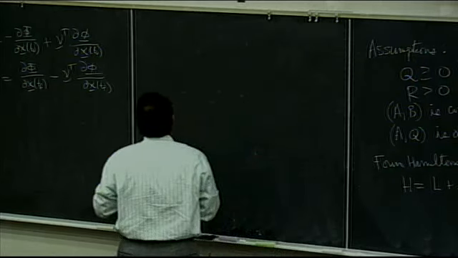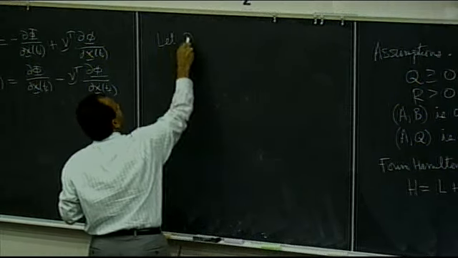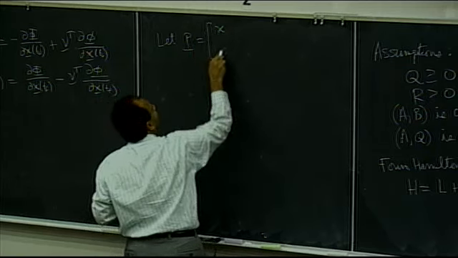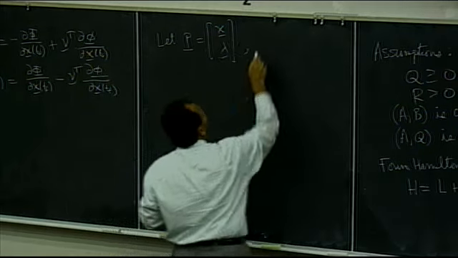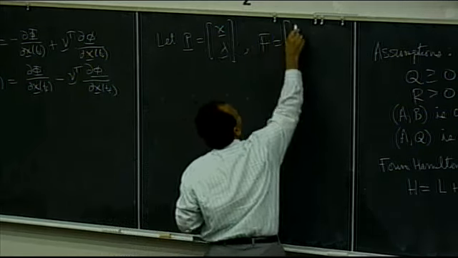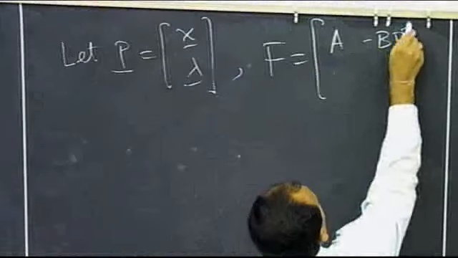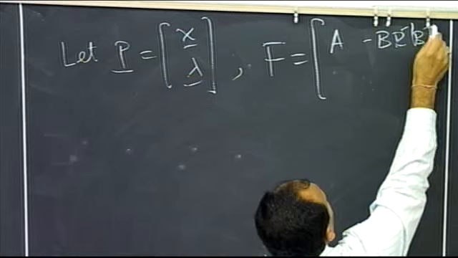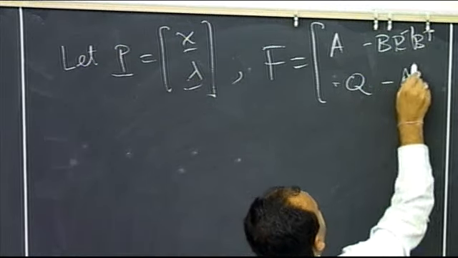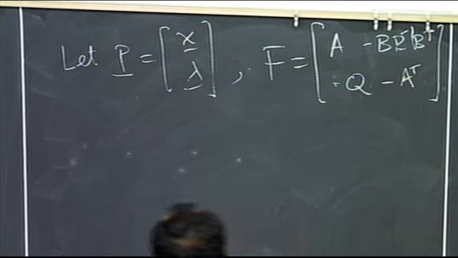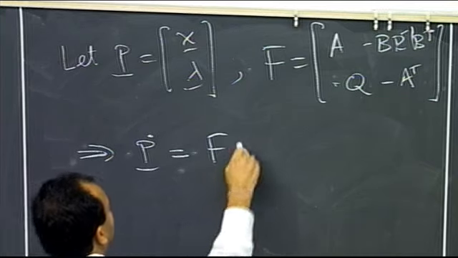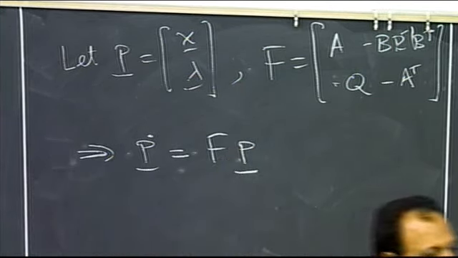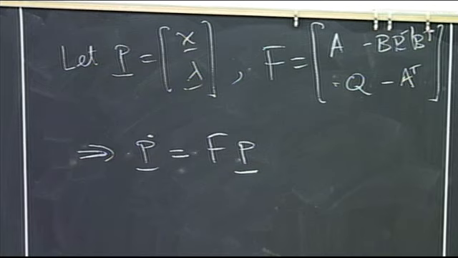Suppose you let P equal x, lambda, and also let F be equal to A, minus B R inverse B transpose, minus Q, and minus A transpose. Okay? So then we have a system that looks like this, where F is a constant matrix because all of those matrices are constant.